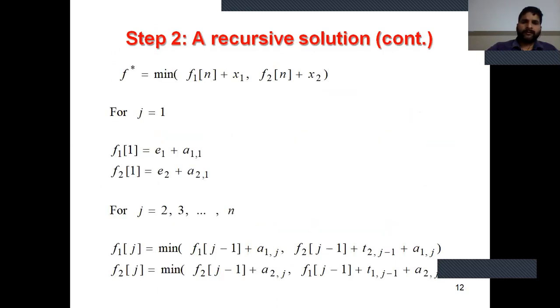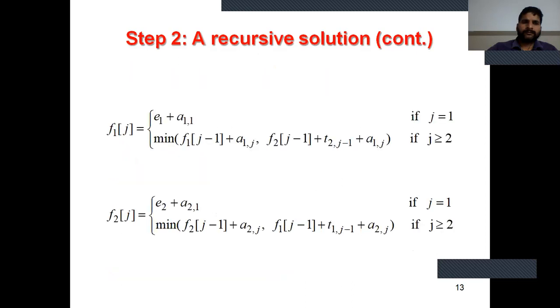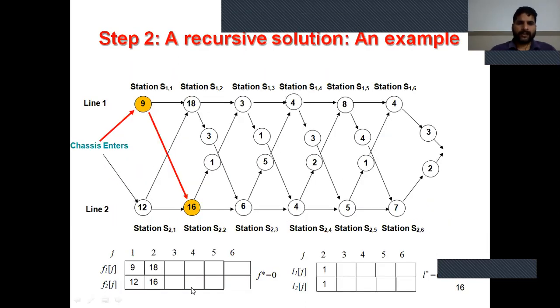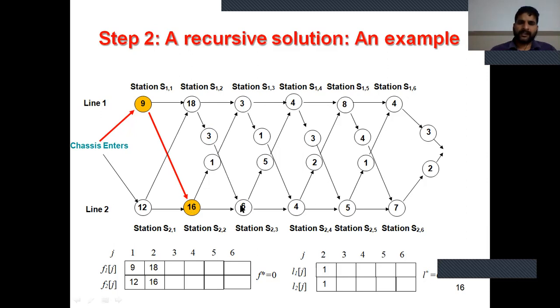The value of L1j and L2j. Next we follow from two paths. 16 plus 6 equal to 22 and 16 plus 1 plus 3 equal to 20. To follow path 20 and 22, follow 2 in both assembly lines.